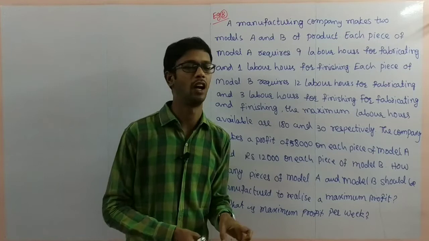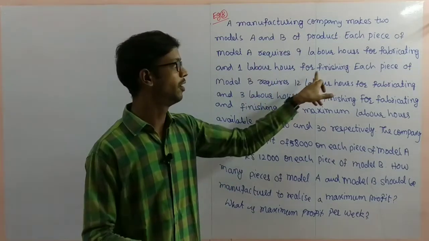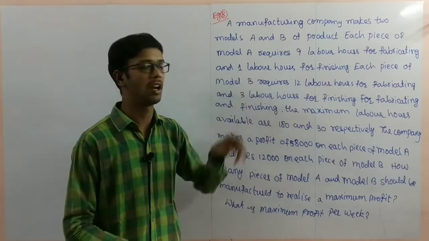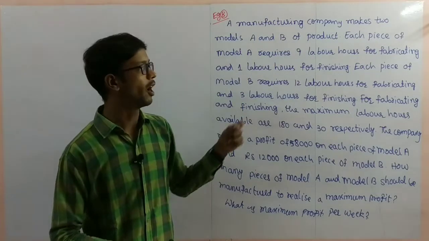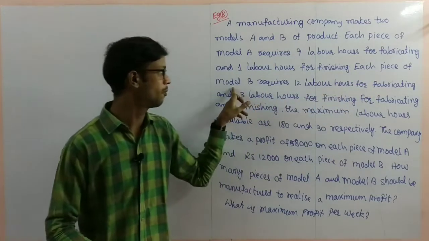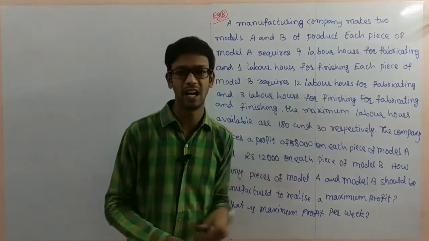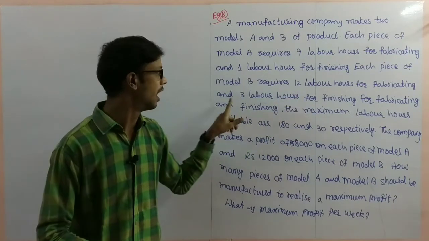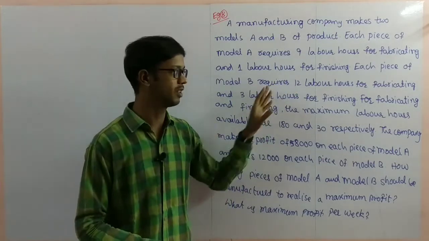Fabricating is one work, 9 labor hours are needed for product A, and finishing is the other work. For finishing, 1 labor hour is needed for product A. Next, each piece of product B requires 12 labor hours for fabricating and 3 labor hours for finishing.